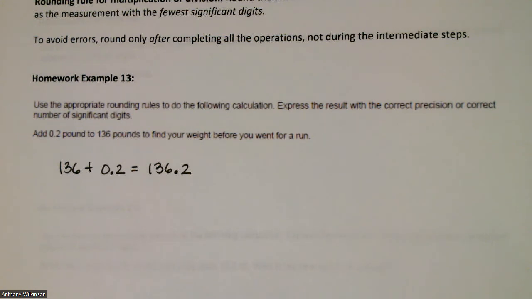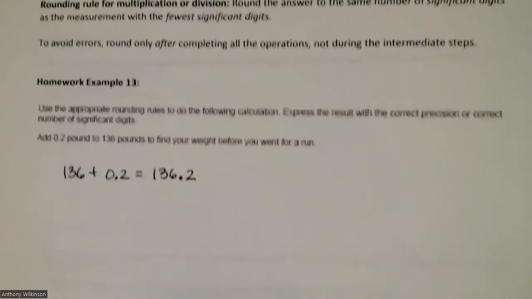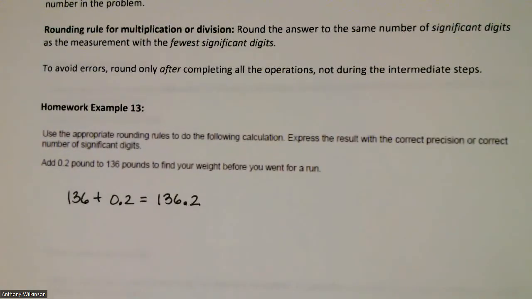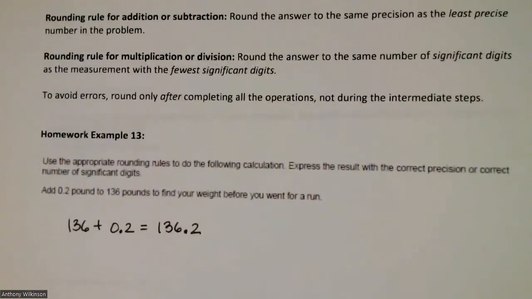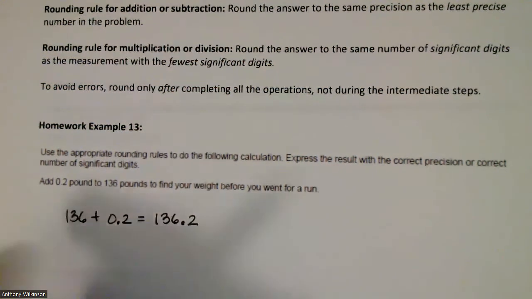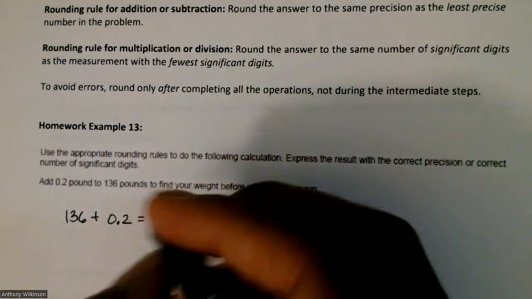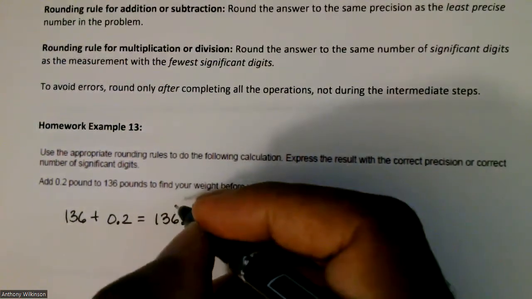Now, we want the same precision as the least precise number in the problem. Here, 136 is the least precise number, so we're going to round to the nearest whole number.